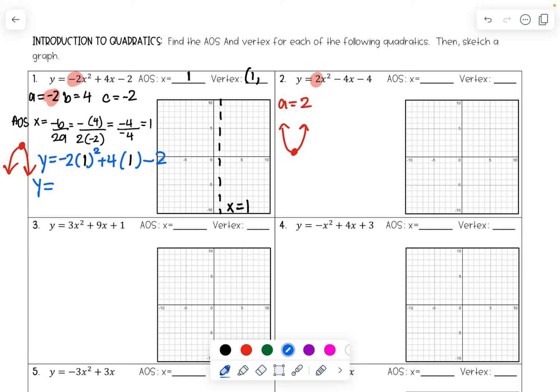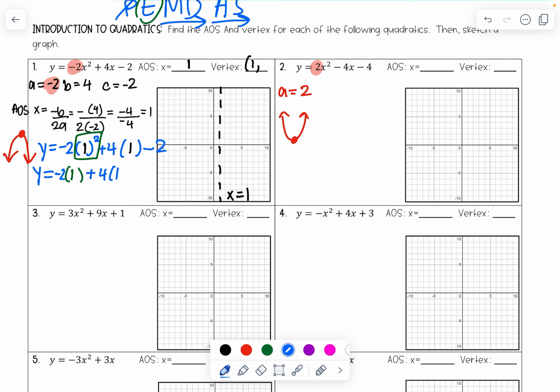And now we're going to go from left to right using the order of operations: parentheses, exponents, multiply, divide, whatever comes first from left to right, and leaving adding and subtracting to be last. I want to do the exponents first, which means I have to do 1 squared first, which is just 1. So I have negative 2 times 1 plus 4 times 1 minus 2.